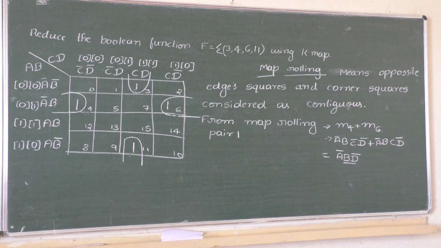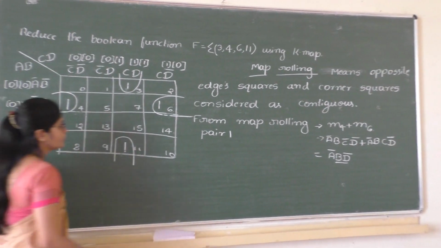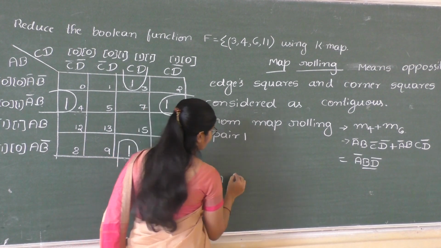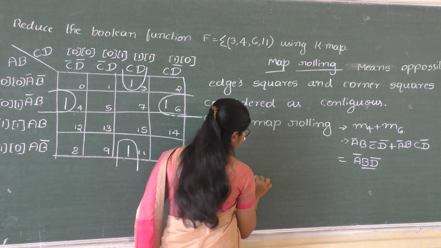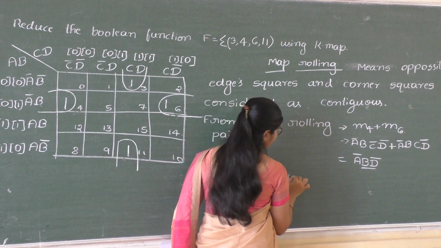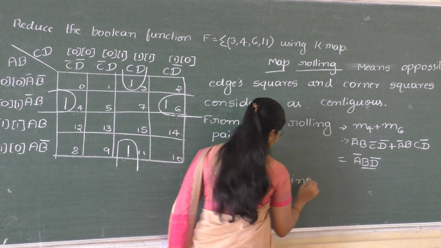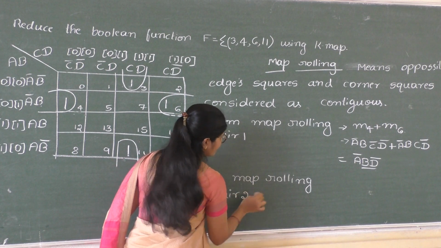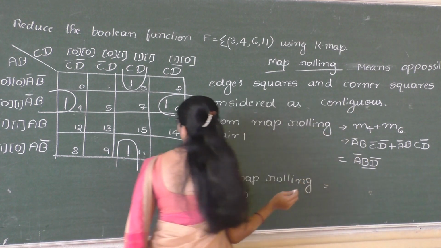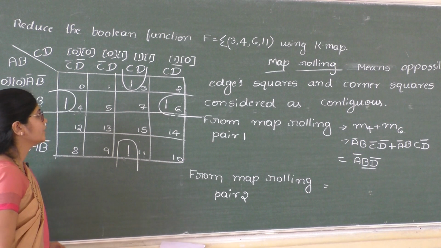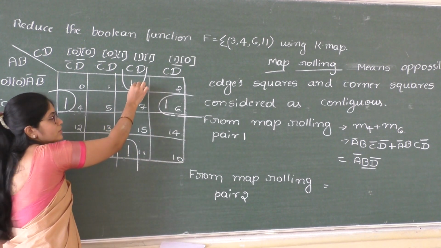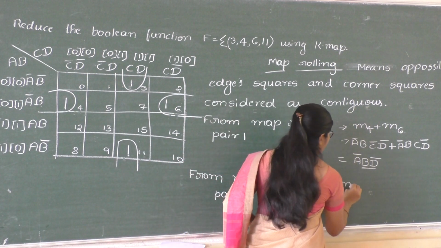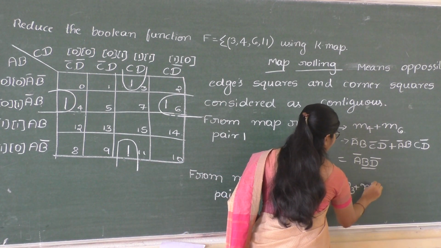Next, from map rolling pair 2, that is by using the ones in third square and 11th square, m3 plus m11.